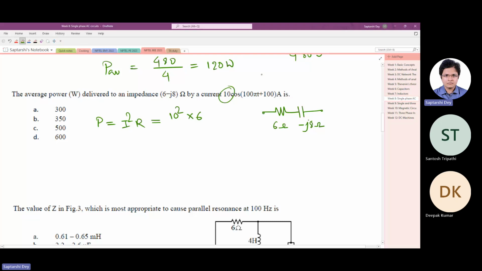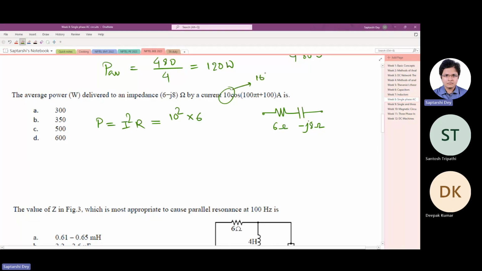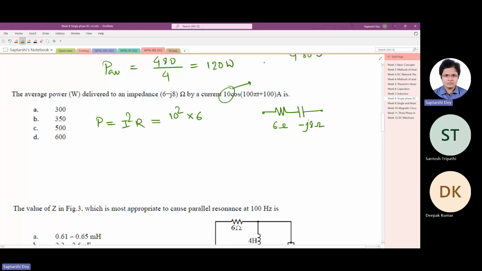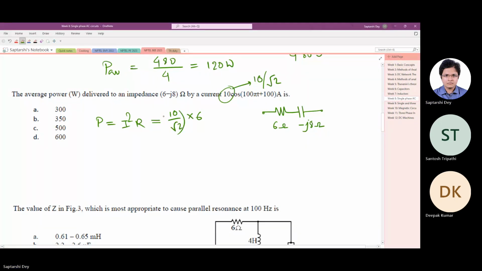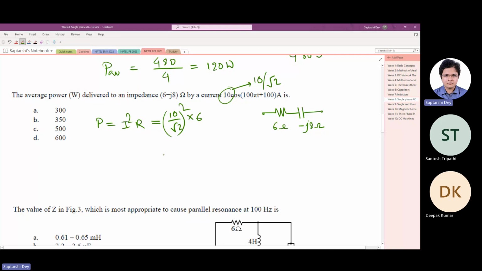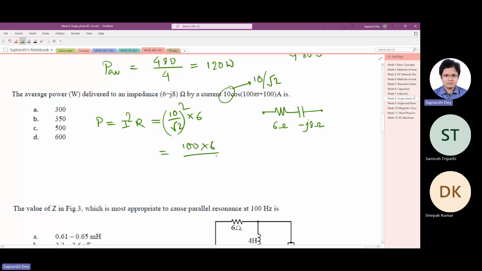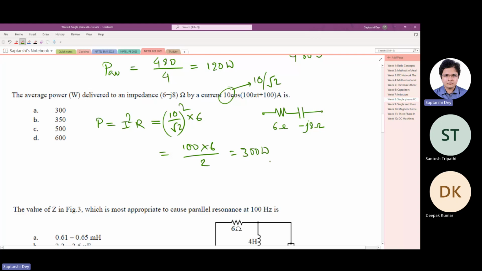This is not the RMS. RMS is 10 by root 2. So it's RMS squared, 10 by root 2 squared, times R. So what we have is 100 times 6 by 2, which gives you 300 watt.